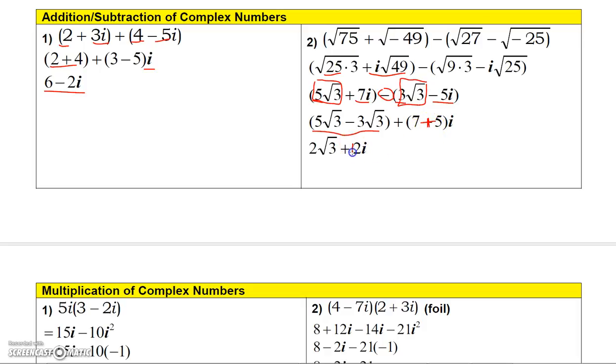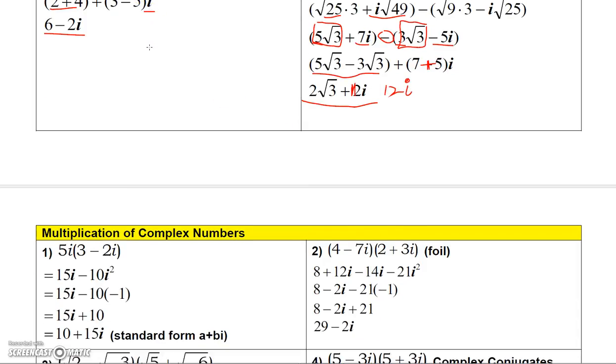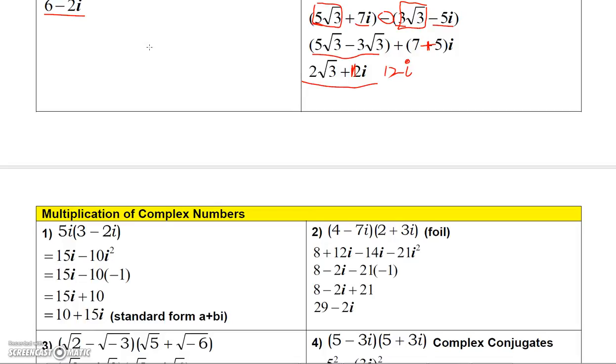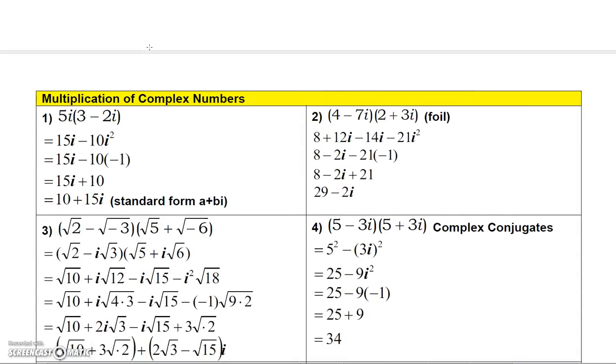And that's going to make that a 12, not a 2. So that's 12i. So you have 2 square root of 3 plus 12i. Okay, so that takes care of adding, subtracting.